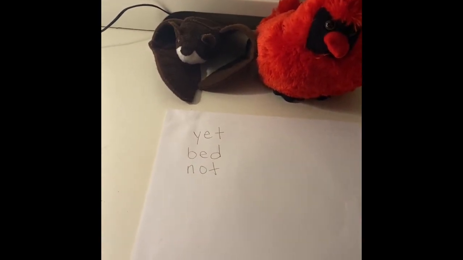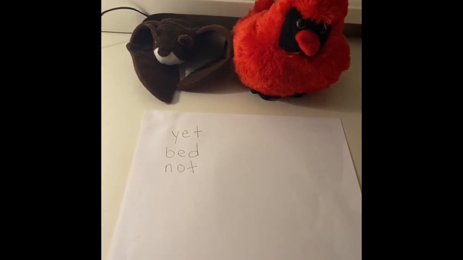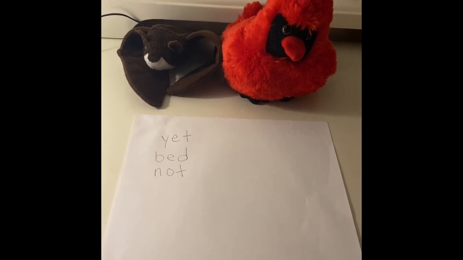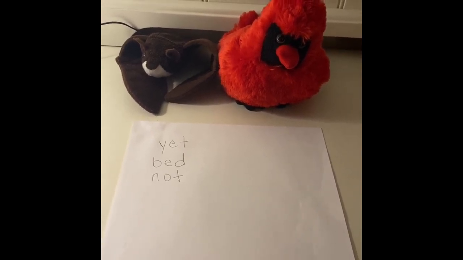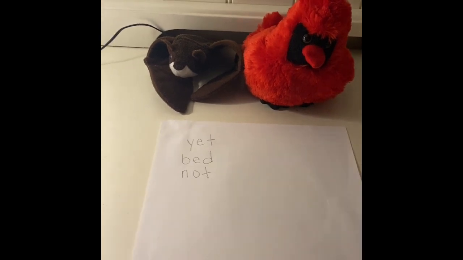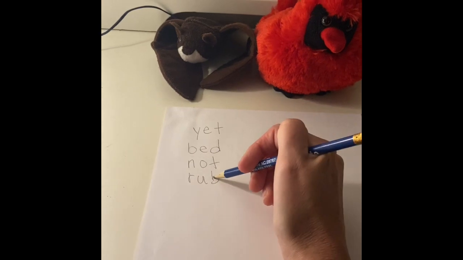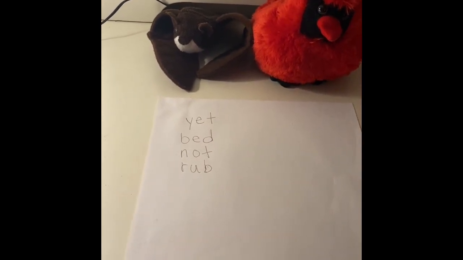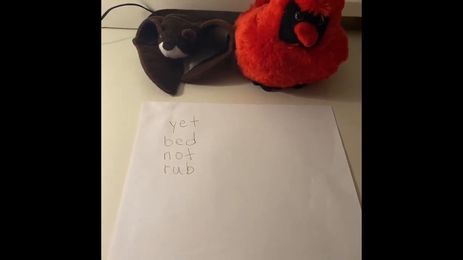All right, good job, everybody. Let's keep going. The next word is rub. Go ahead and chop it up and write it down. R-ub. Rub. Okay. Next word is wish.